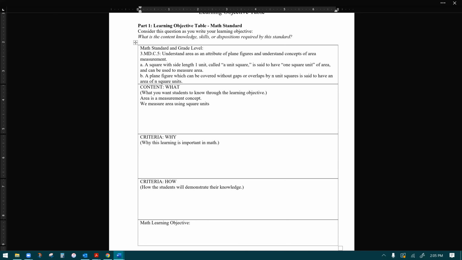And then area measurement should not have gaps or overlaps. In other words, when students first start exploring the concept of area, they explore using hands-on materials like square tiles.